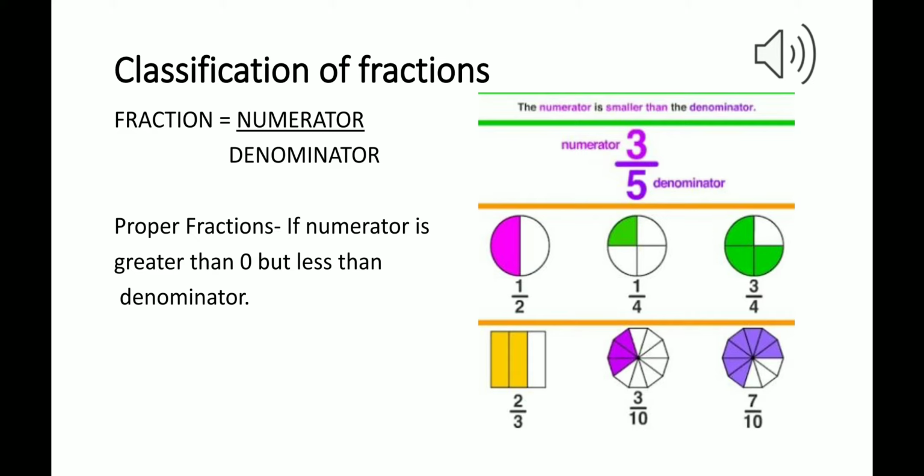Similarly, 2 by 3, 3 by 10, 7 by 10, all are proper fractions. So for a proper fraction, the numerator should not be 0 and should not be the denominator. Any number between 0 and the denominator will make a proper fraction. Okay, so we go to the next one.